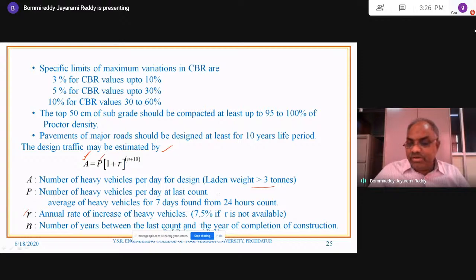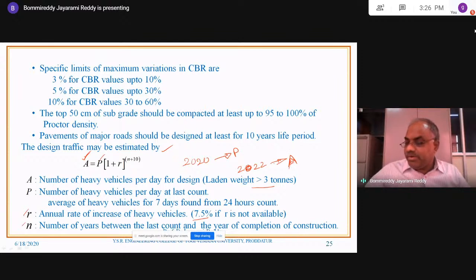r is the annual rate of increase of heavy vehicles. If the value is given, use it; if it is not given, consider 7.5%. Small n is the number of years between the last count and the year of completion of construction. As I told you in the last class, for example, if the count P is in 2020 and the road construction will be completed by 2022, in another 2 years, that will be called A. So this A is the number of anticipated vehicles at the time of completion of construction of the highway.